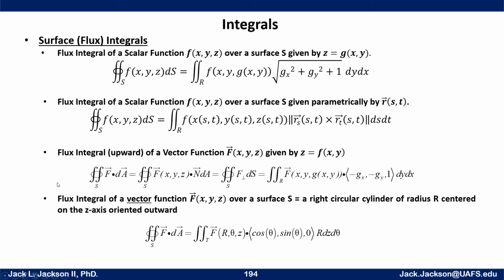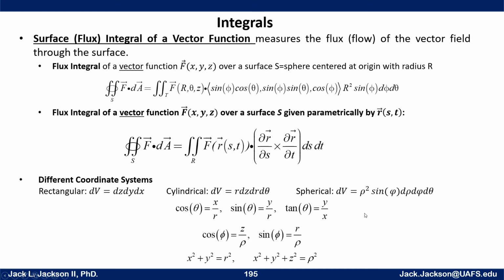If you want the flux integral upward with a vector function given by z as a function f of x, y, then this equation will show you how to do that. Here is the flux integral of a vector function over a right circular cylinder centered on the z-axis and oriented outward; here's how that parameterization works out. The flux integral of a vector function, again, measures the flux or flow out of the vector field through the surface.